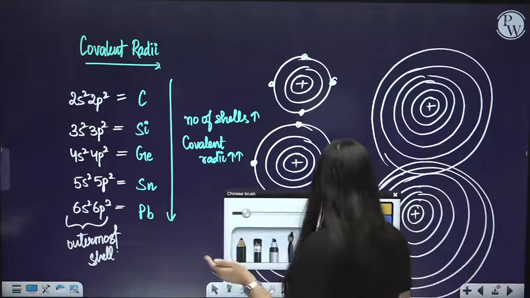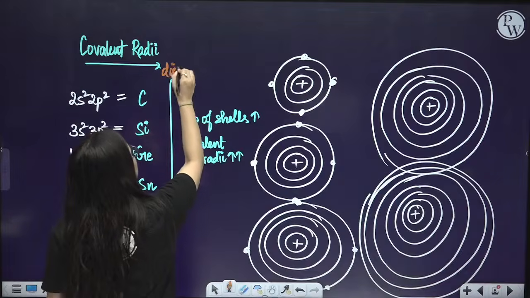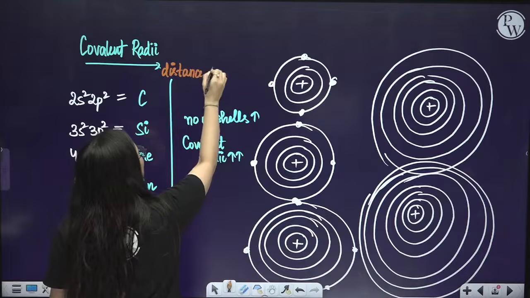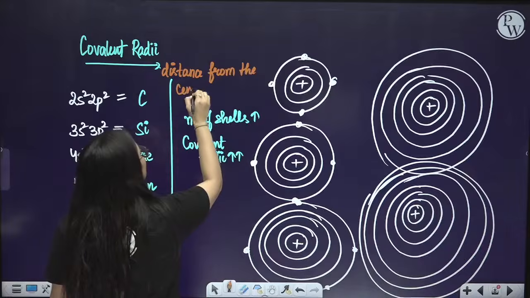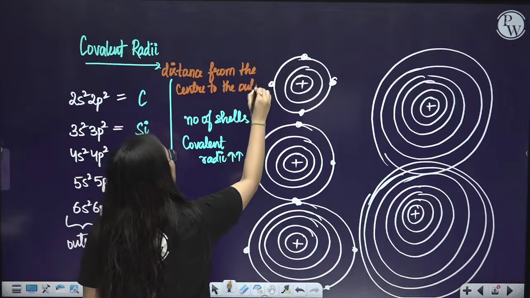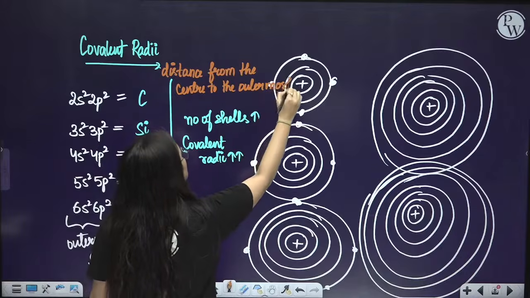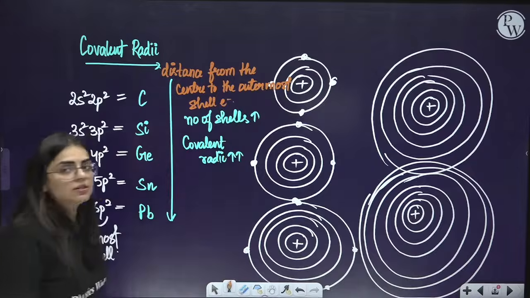What is a radii? Radii is basically the distance from the center to the outermost shell electron. This is what the radii is now.